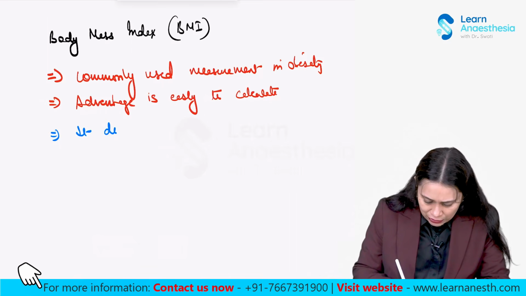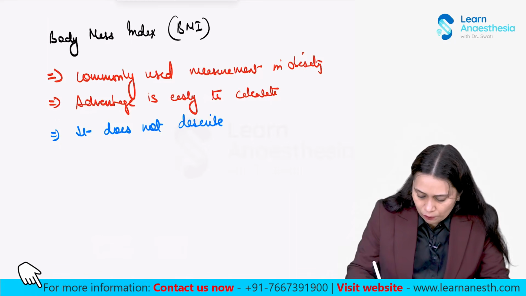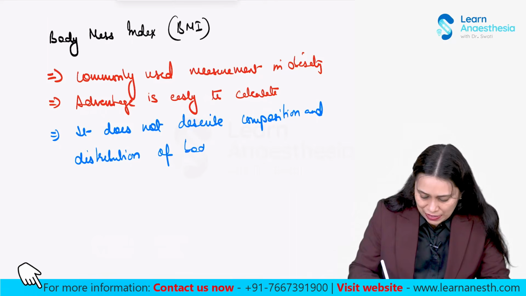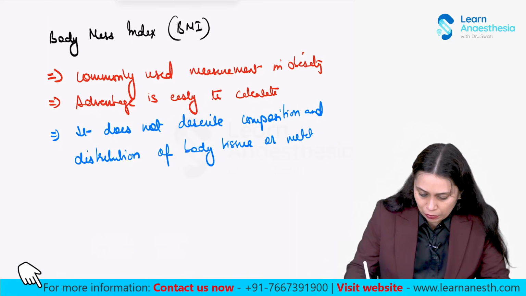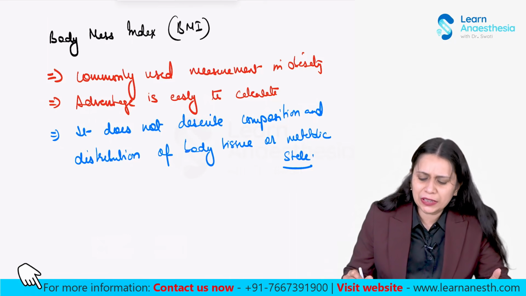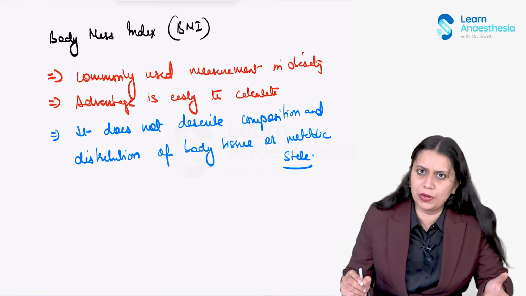It does not describe the composition and distribution of body tissue, that is muscle and adipose tissue, or the metabolic state. But still it is the commonest way of classifying obesity, and definitely it is useful. It's a useful indicator for planning and preparation in these patients.